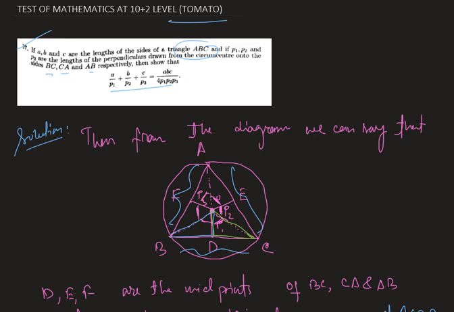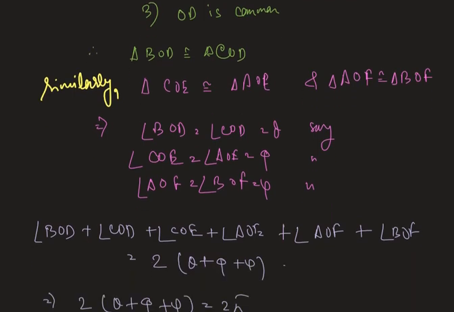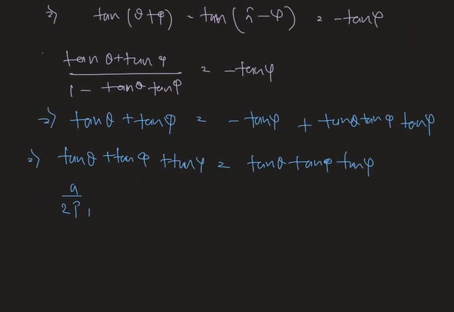Okay, where this is a, this is c, and this is b, say. Hence we get tan theta is equal to a by 2 P1, plus b by 2 P2 being the value of tan phi, and the value of tan psi is c by 2 P3.